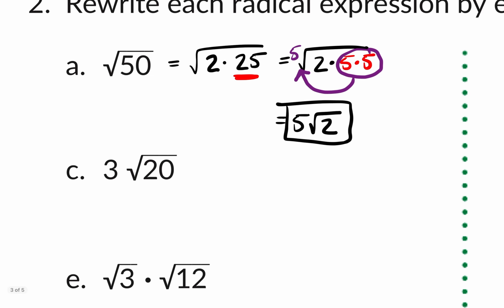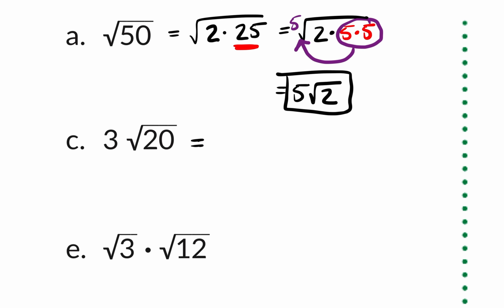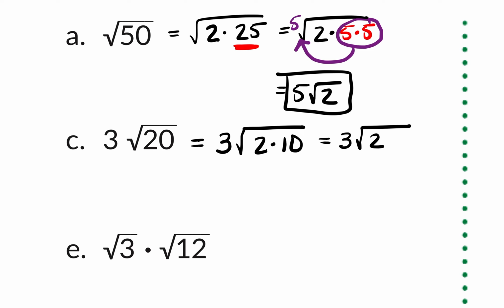Now, let's keep practicing. This one has a 3 on the outside, so I'm going to hold off, and I'm going to do 20. Again, I like to start with 2. 2 times 10 gives me 20. I'm going to keep going. 3 square root. I can't break down 2, but I can break down 10. Again, I'm going to start with 2. 2 times 5 gives me 10.